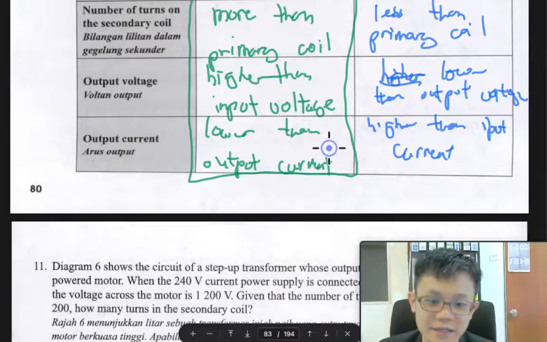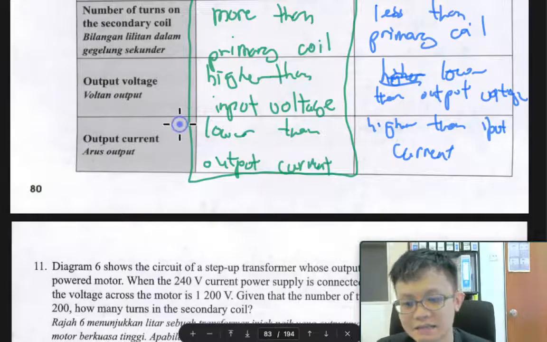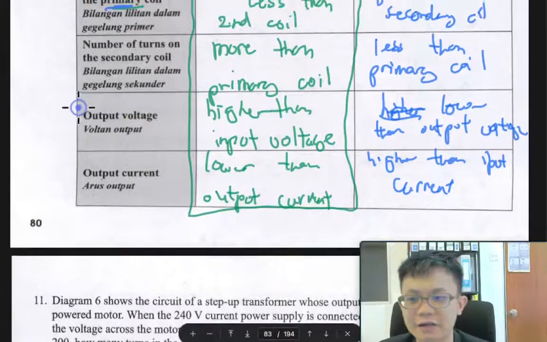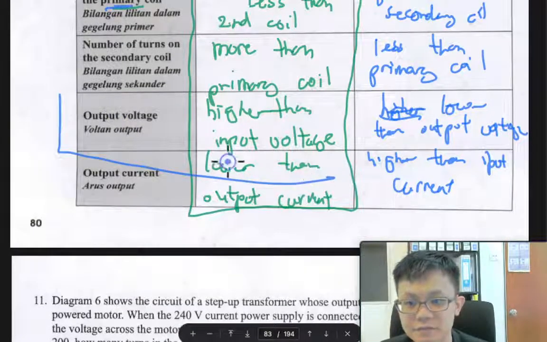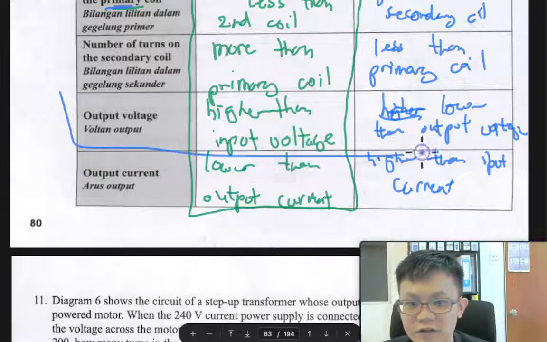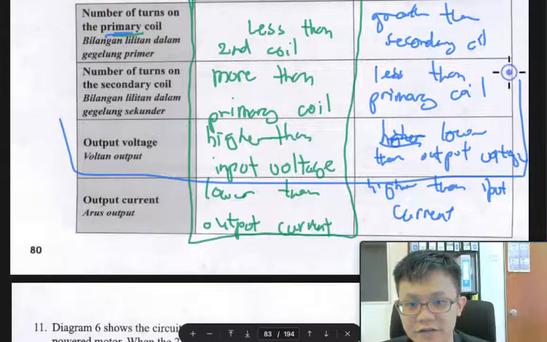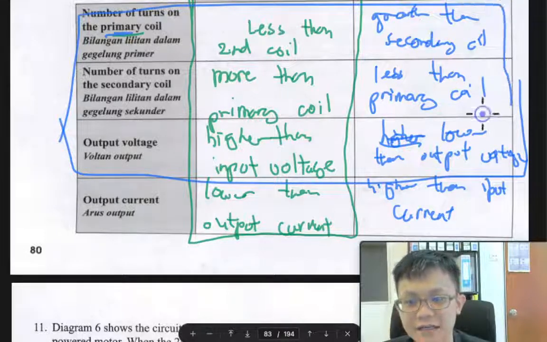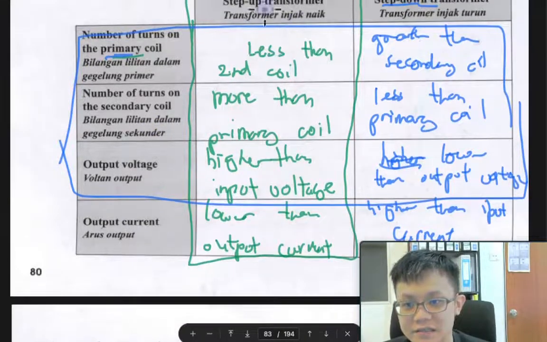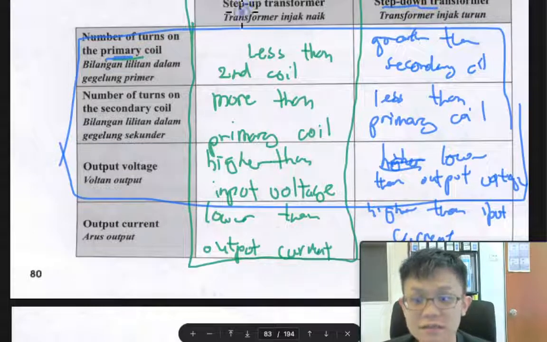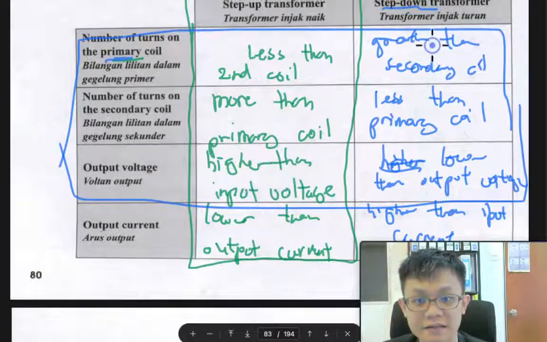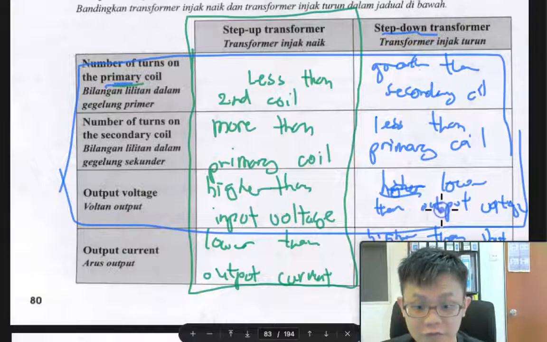So of course this one, the last video already mentioned there is no free electric. We only always study until here, saying that if it is a step up transformer, when you put in the voltage, it will go up higher, and in a step down transformer the voltage will go down lower.